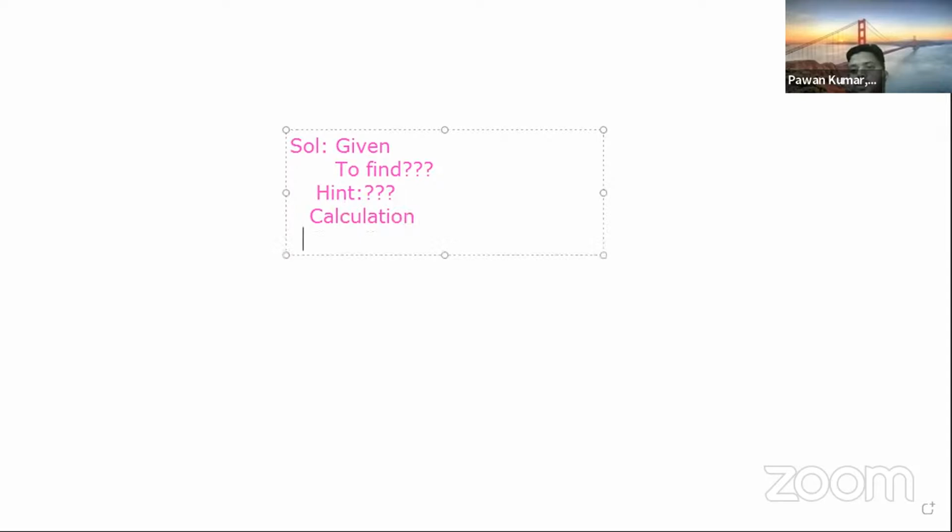Suppose you need to find x, and at last you get x as some number, 123 units. Then at last you have to write hence or therefore, x equals 123. That's it.